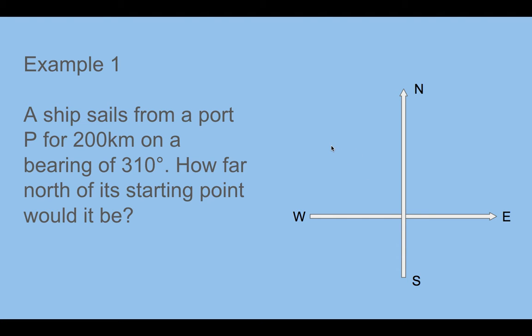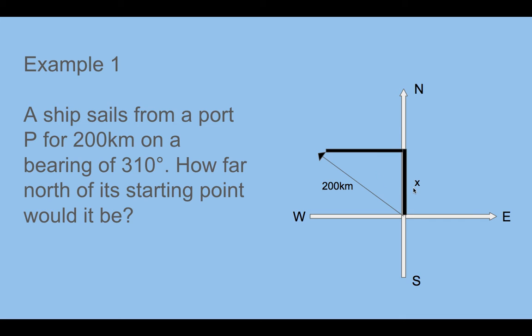The first thing we always do is draw that little diagram, and then we complete the diagram. Here's the 200 kilometers that it's gone on a bearing of 310. If right the way around here is 310, then this angle is going to be 50, because 310 plus 50 gives us 360.